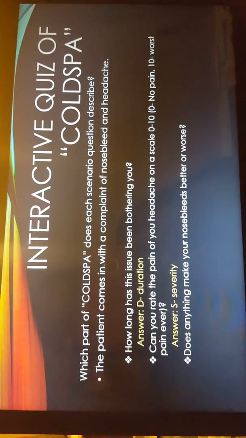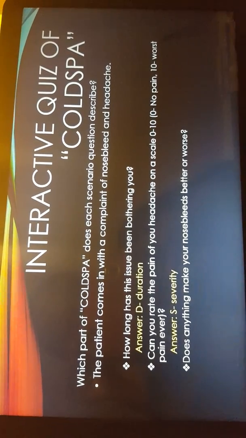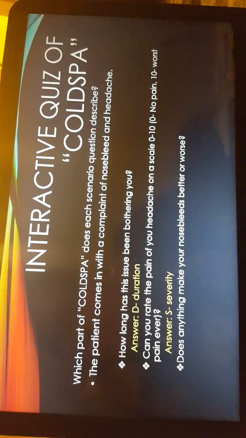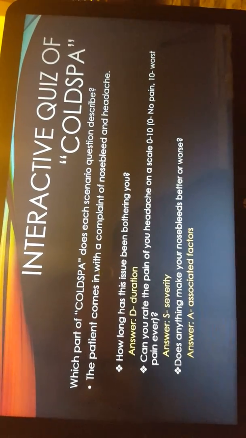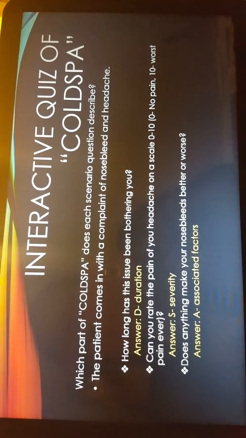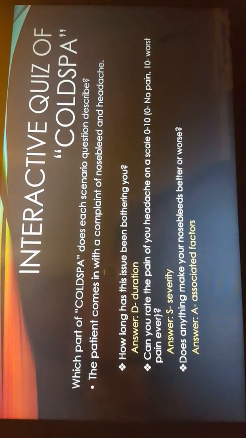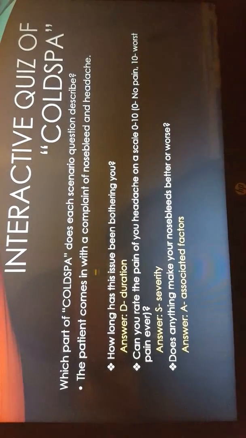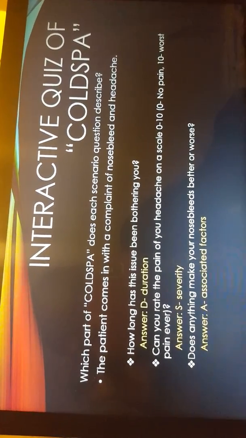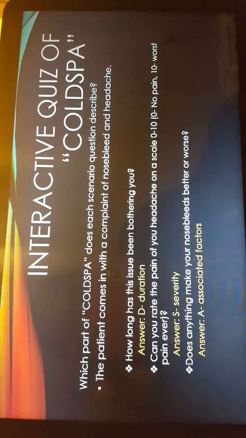Does anything make the nosebleed better or worse? My answer is associated factors. This will tell you if there is anything else that makes the nosebleed better or worse, and just give you a little more information about the effects of the condition.